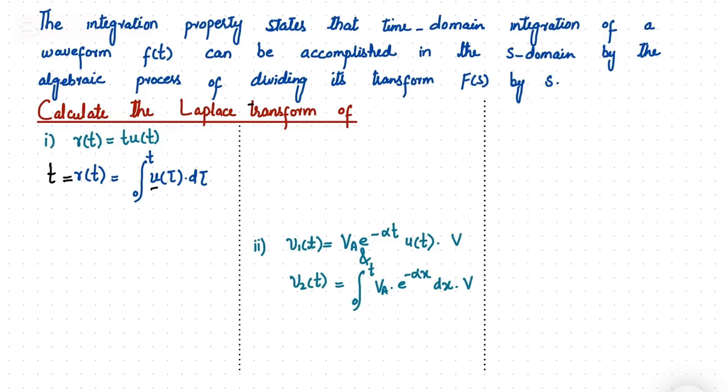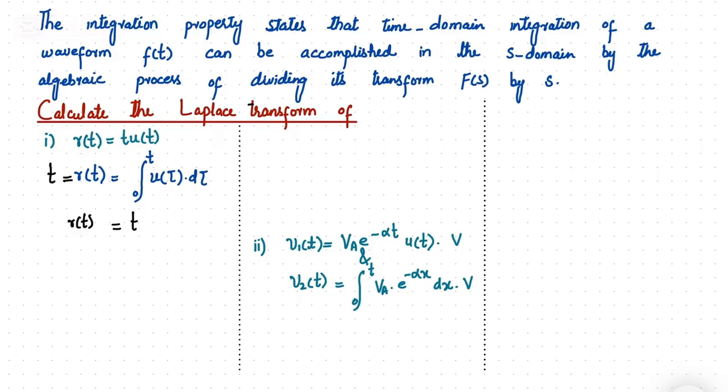This is equal to the integration of the unit step function. Integration of the unit step function: because u of t is equal to 1, when we integrate 1, it results in tau, and that would be equal to upper limit substituted as t, lower limit substituted as 0, so t minus 0 would be equal to t. So the integral of a unit step function is basically a ramp function r of t, which is equal to t.